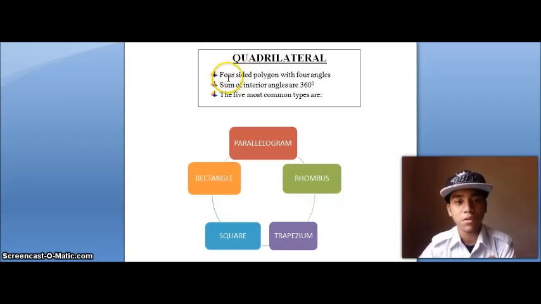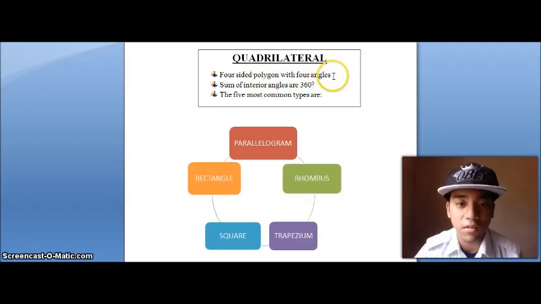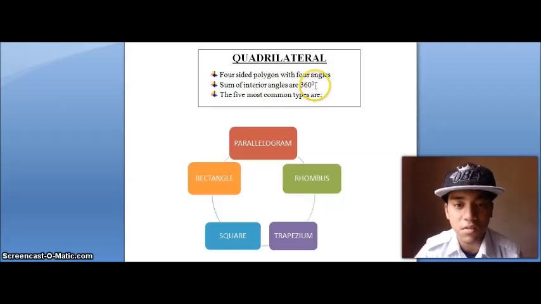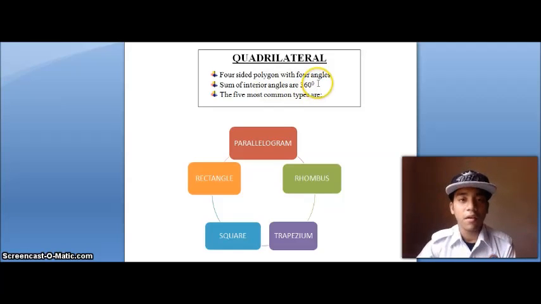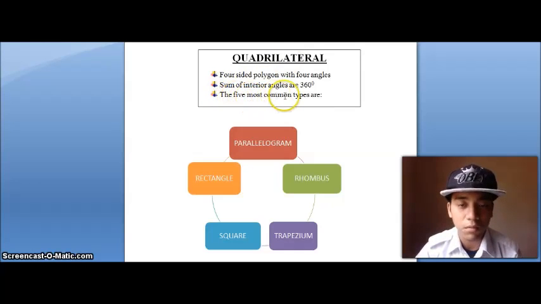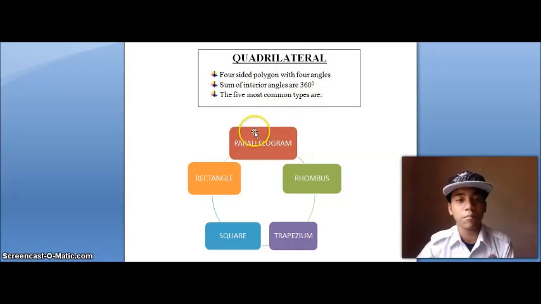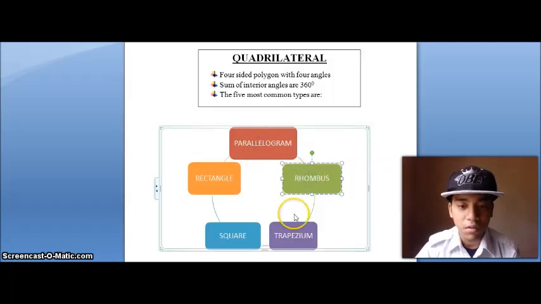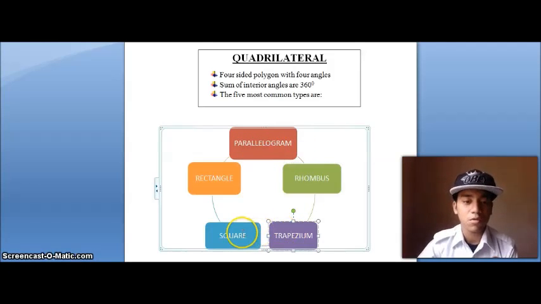So the conclusion is a four-sided polygon with four angles, and the sum of interior angles is 360 degrees. Remember that. The five most common types are parallelogram, rhombus, trapezium, square, and rectangle.